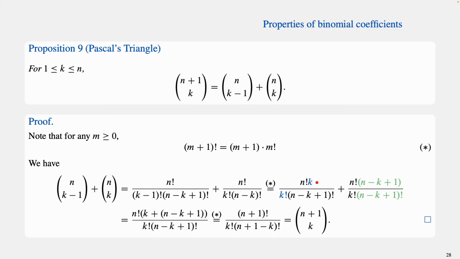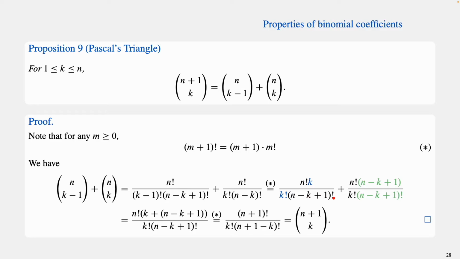And for this one, to get the same denominator as here, I multiply by n minus k plus 1 in the numerator and in the denominator. So again, I multiply by 1, but I write it as n minus k plus 1 divided by n minus k plus 1. And again, applying star, I then get n factorial times n minus k plus 1 divided by k factorial times n minus k plus 1 factorial.